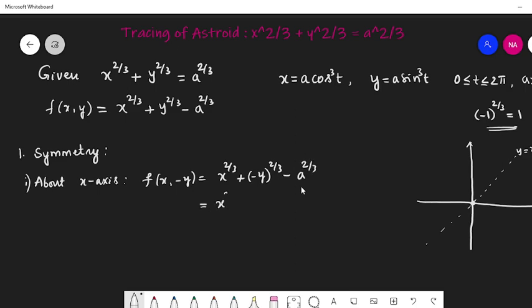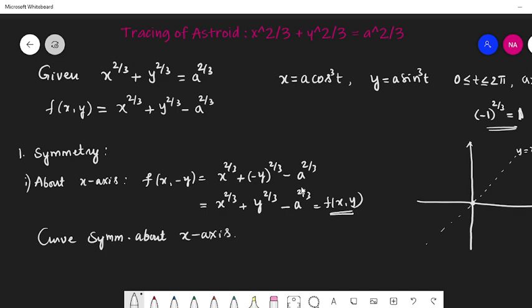This is nothing but x power 2 by 3 plus minus 1 whole power 2 by 3 into y power 2 by 3, but minus 1 whole power 2 by 3 is 1, minus a power 2 by 3, that is nothing but f of x comma y. So if you replace y by minus y, we are getting same equation. So curve is symmetric about x-axis.